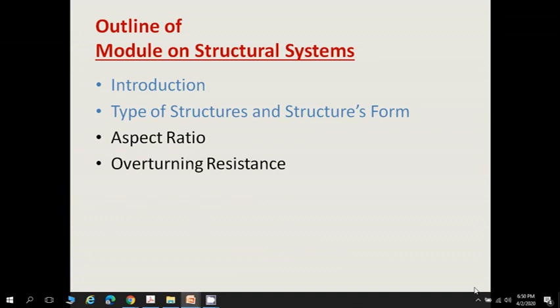Overturning resistance means how the building will behave when it is subjected to a lateral force. And the last one is strength and stiffness. Out of these five, we will study only two: introduction, and types of structures and structural forms. The rest of the three I will cover in the next lecture.